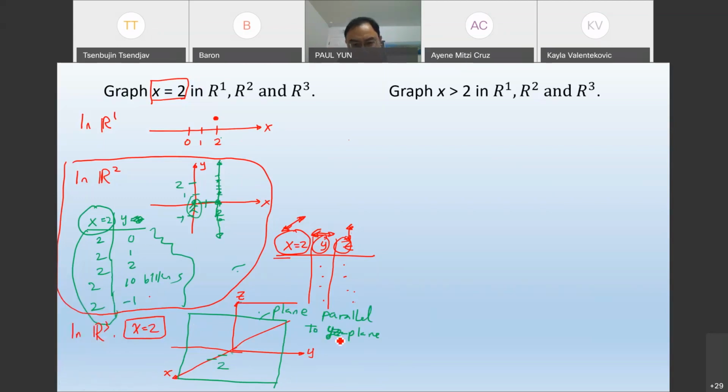This guy, right? A plane. Yeah, it is X equals 2. You could change the Y and Z wherever, but I'll never change my X values.